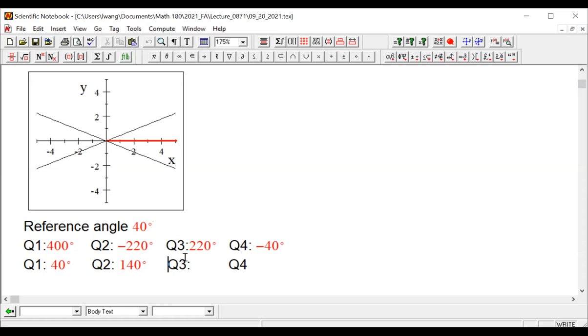If you are certain 220 degrees, okay, so let's go back there. So let me put Farouz's answer. Farouz's answer is what? 580 degrees. Okay. Now, what's the reference angle of 580 degrees?